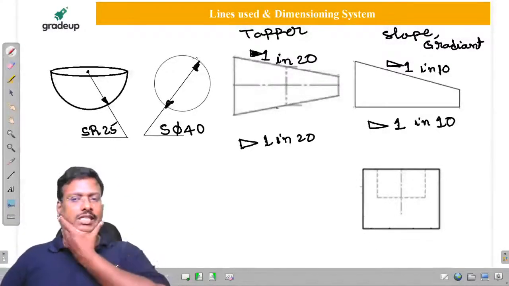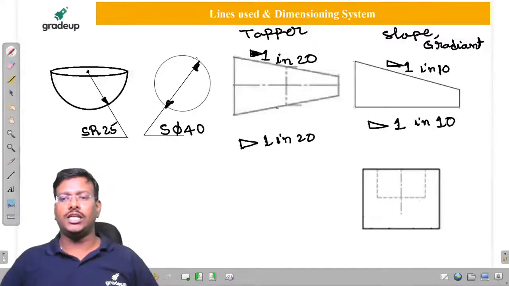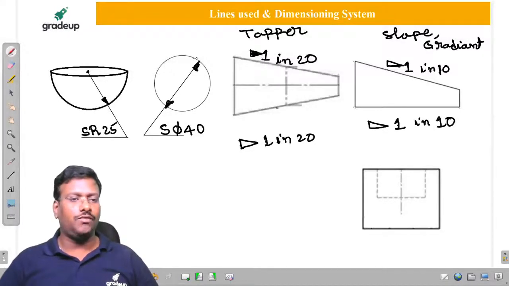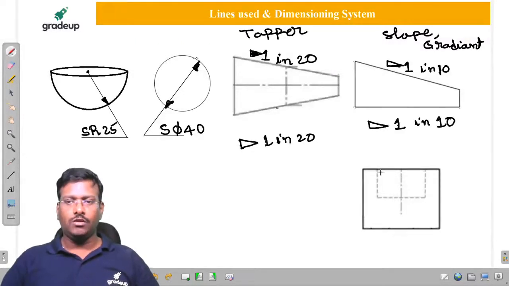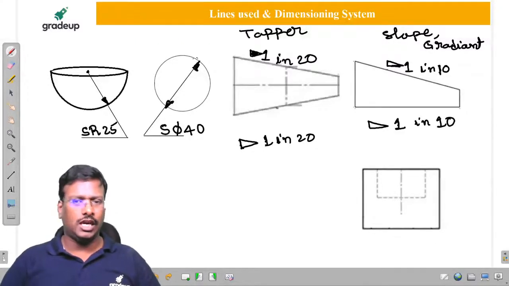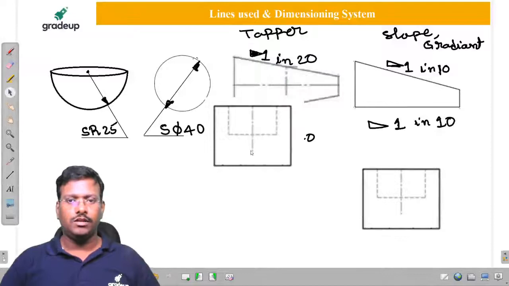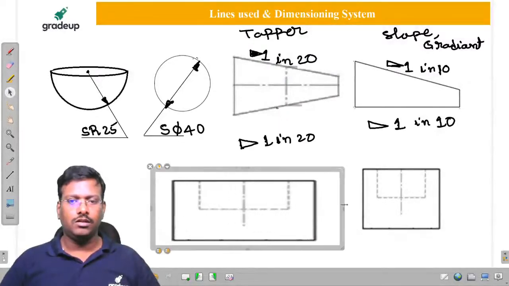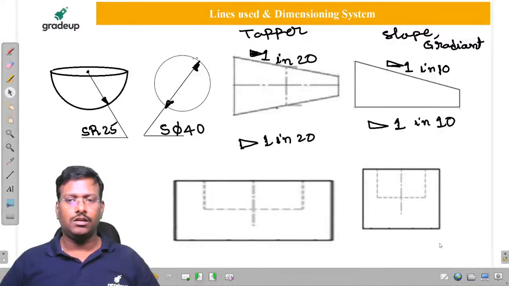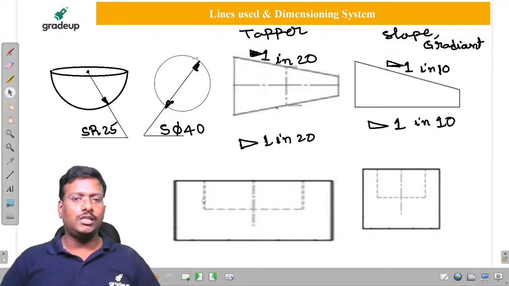Now one more thing. Let us consider they make some holes, sir. Then how to represent this information? So we are going to give the extension of it. Okay, this one is not that much clear. I'm going to draw it again in a separate place. How do you have to represent it, sir?